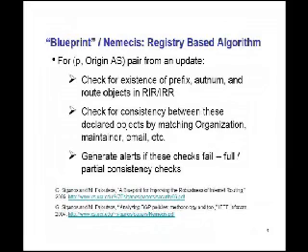And how it does the consistency check is to try to match organization, maintainer, email, etc. And if these check out okay, then it's fine. Otherwise, if they fail, then an alert is generated, and they look for full or partial consistency checks. I'll explain more details of this as we get further into the talk.